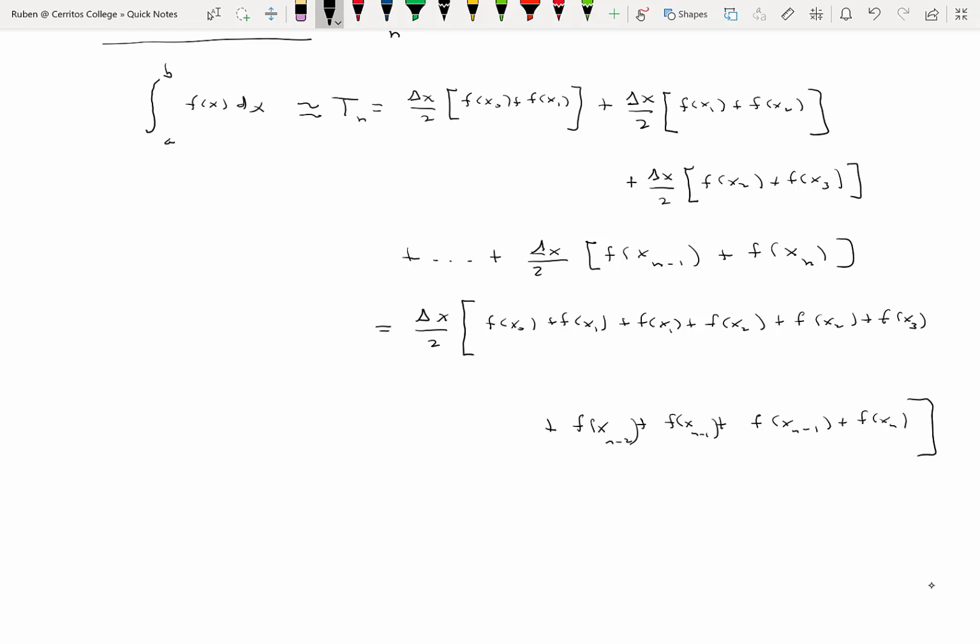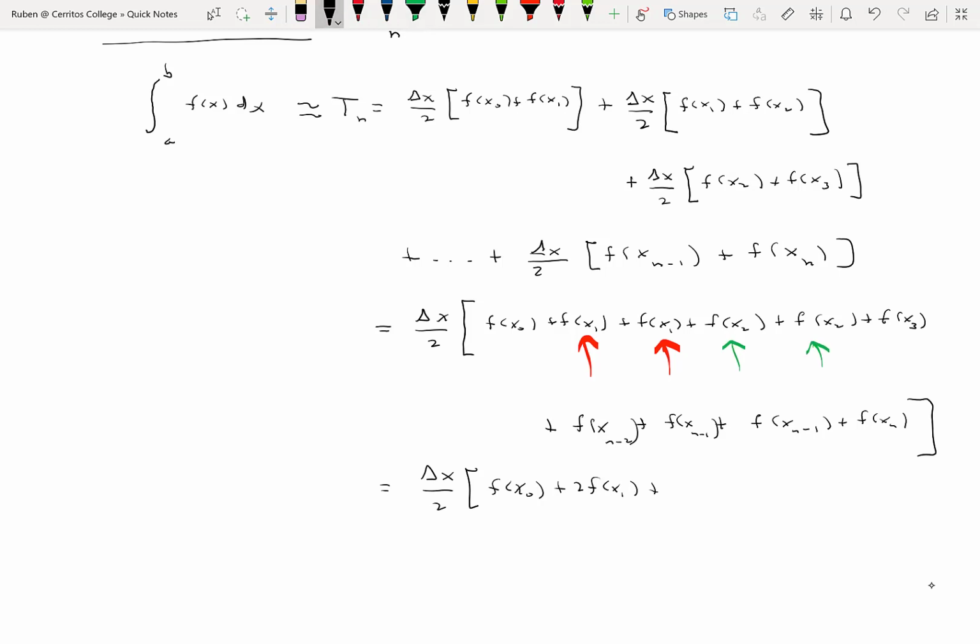Okay, still looks pretty complicated, but it simplifies in this last step. We have f of x sub 0, of course. But we have f of x sub 1 plus another one. They're the same, so we have two f of x sub 1s. We have two f of x sub 2s.